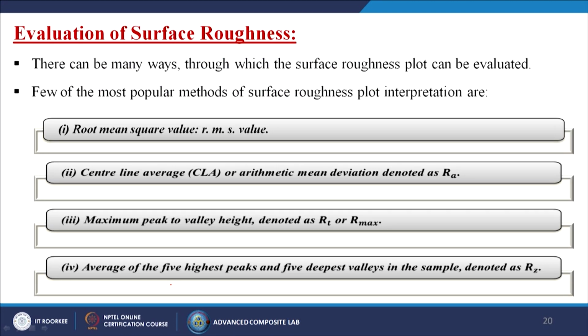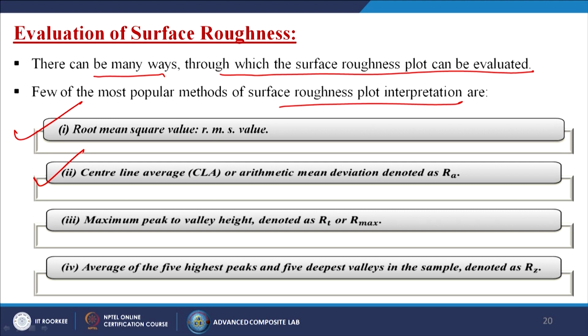Now, how to measure the surface roughness? There can be many ways through which the surface roughness plot can be evaluated. A few of the most popular methods of surface roughness plot interpretation, which we generally find in books or journal papers, or use on normal days, are these. Number one is the root mean square value, or RMS value in short.